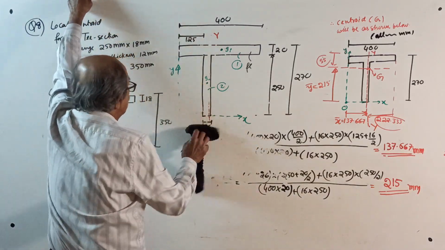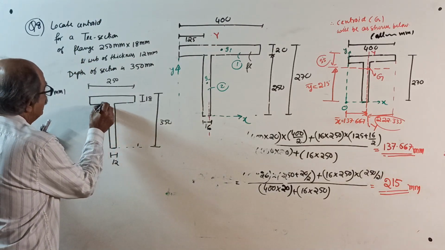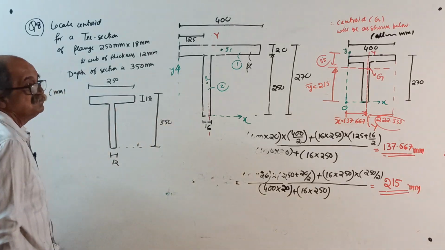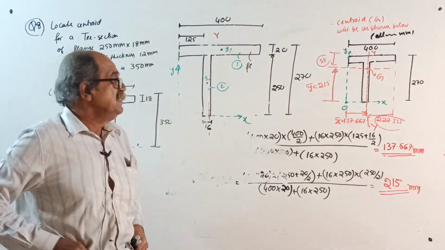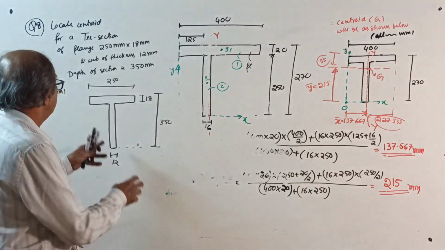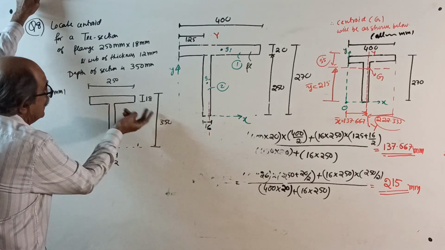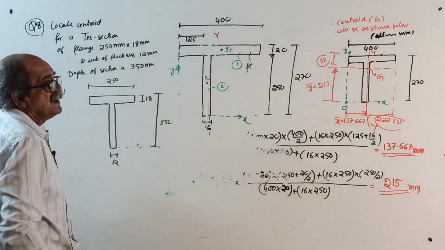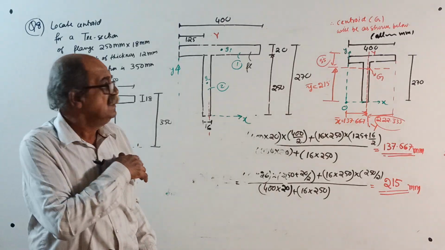Now one thing observe here. See, one important thing. This offset and this offset are equal. They are equal. Why? Because data is not given. Actually structurally in T section they are equal. So you make a note here that these are called flange outstands. The two flange outstands are considered to be equal because data is not given.